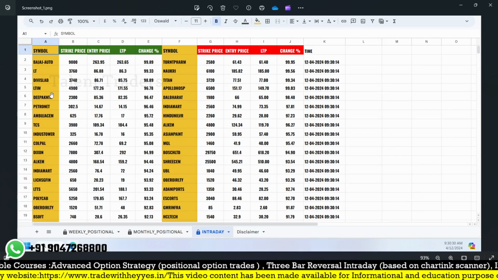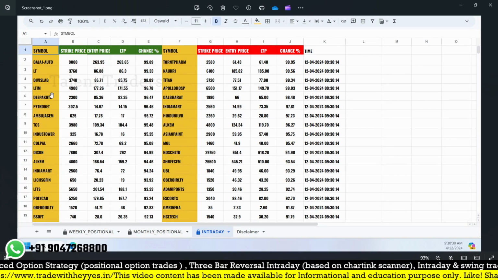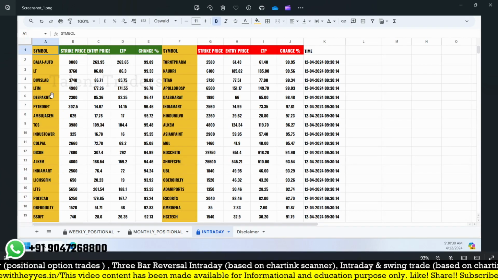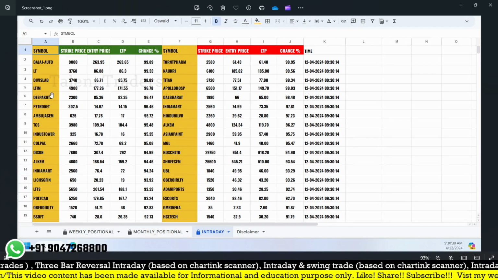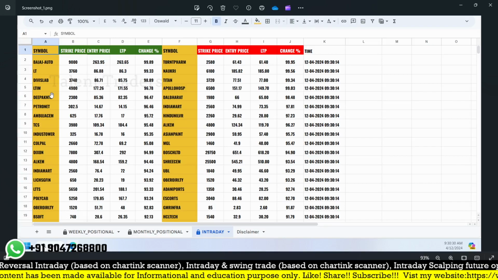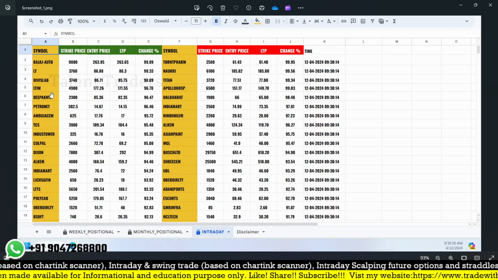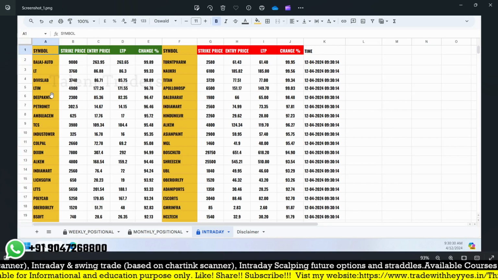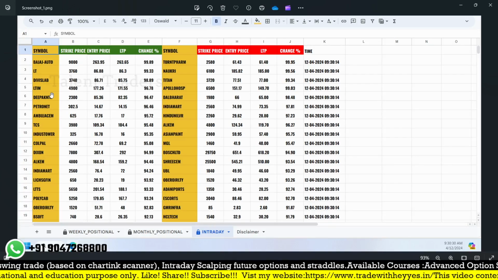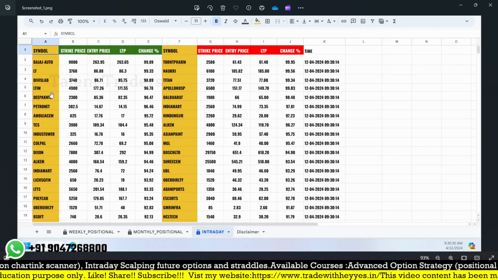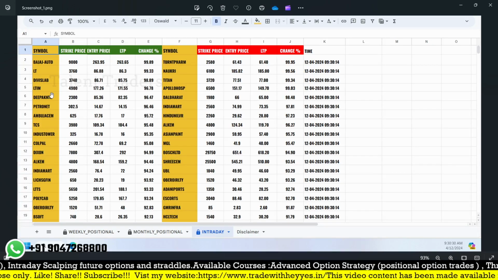That is almost 4 opportunities, which is good enough. If you are tracking our sheet on a regular basis, you will find newer opportunities coming to the breakout level, and you can cross check whether it is triggered or not. If it is not triggered, that should be a fresh breakout opportunity which we can use for our intraday trades. I hope you understood the concept of how we are going to use it for intraday.